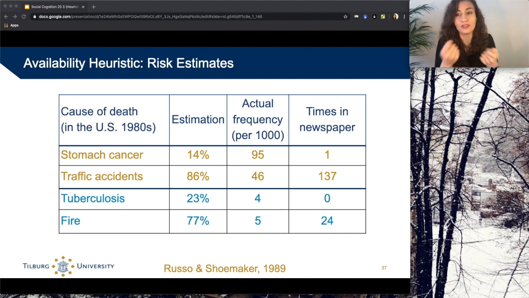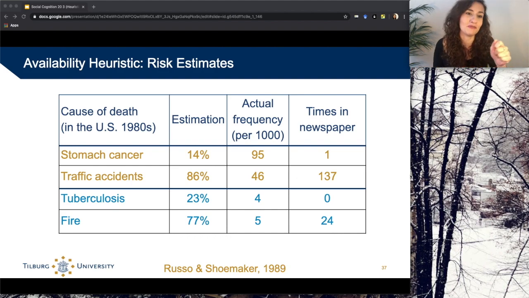So we have some real numbers to compare this against. And we have participants' estimations of how often these types of deaths occurred. And we also have the information about how often these types of deaths are featured in newspapers. So we can compare estimates against the real numbers.